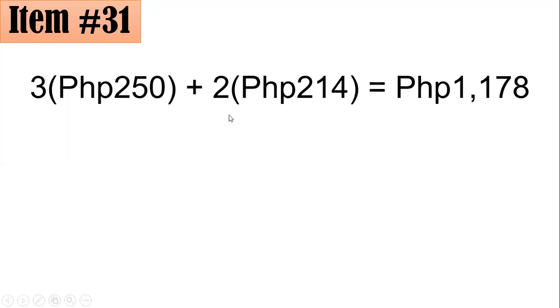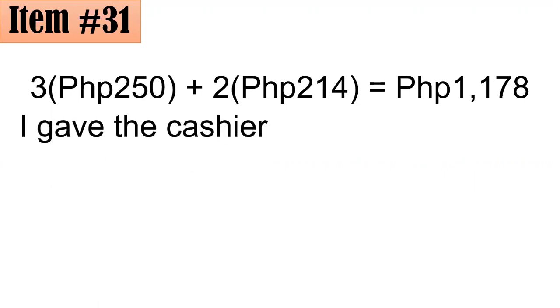And the total price of those 2 shorts is 2 times 214 pesos. So simplifying this gives you 1,178 pesos, which is the total price of all the items you bought.